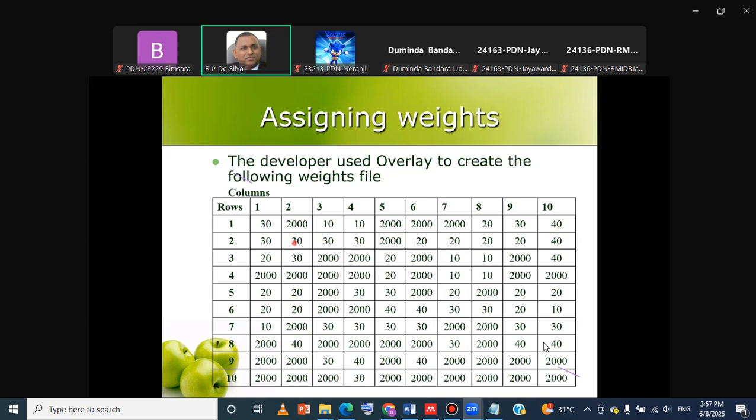Now, to look at it from the general perspective, your idea is to avoid very expensive land uses where you have value 2000 as much as possible, right? So if you look at this table, you have values 20, 20, 20, 10, which are surrounded by very high values.